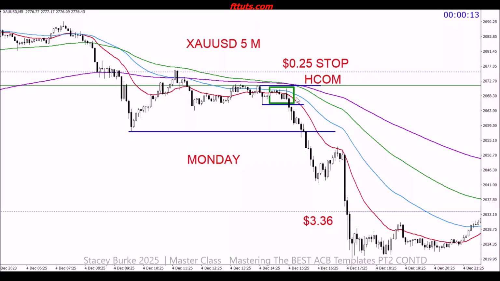We can manage our risk. We have the opportunity to position into this market before it starts to accelerate. As I said, zero stress, zero emotion, zero thinking. We're just getting in, putting a stop in place, walking away, moving to break even once it breaks a level, and then letting the trade play out.